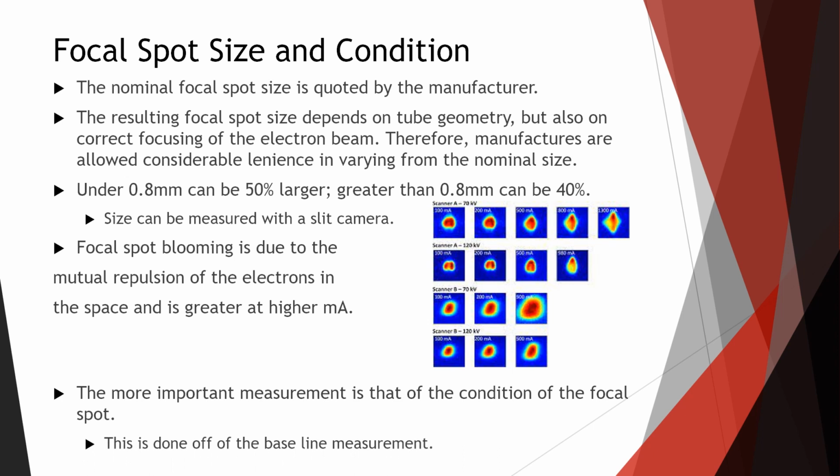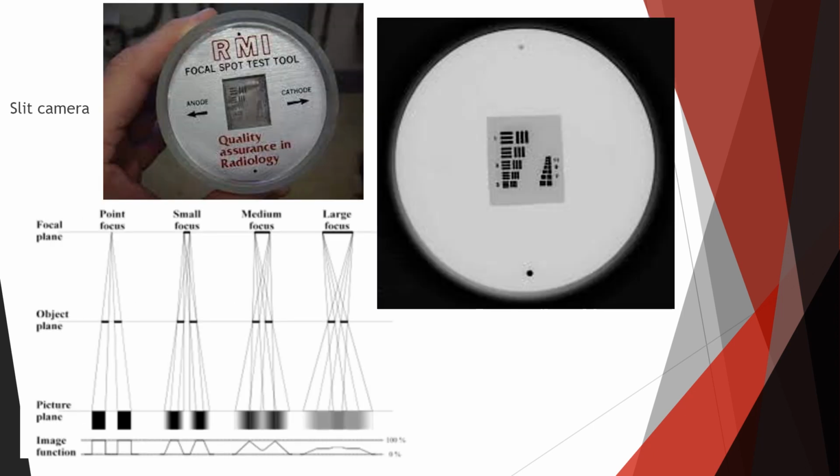The baseline measurement is taken when the equipment is first installed, and then it's compared to the test being done currently. This is a picture of the slit camera. In here there's little lines.